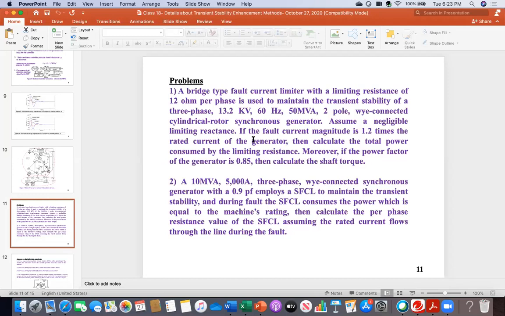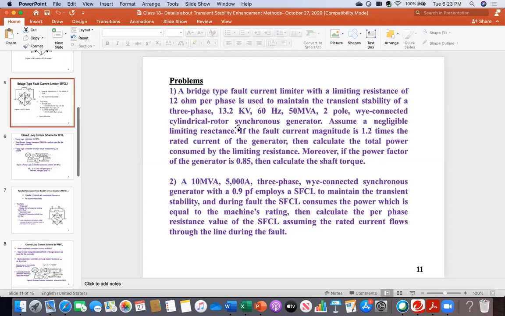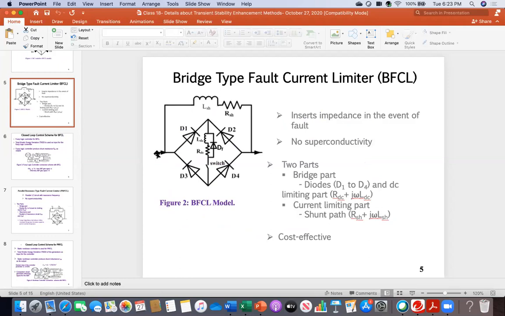Then it says, if the fault current magnitude is 1.2 times the rated current of the generator. This means, during normal condition, current is flowing; for example, at some point the rated current is flowing.